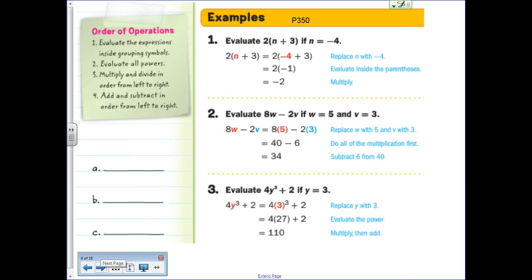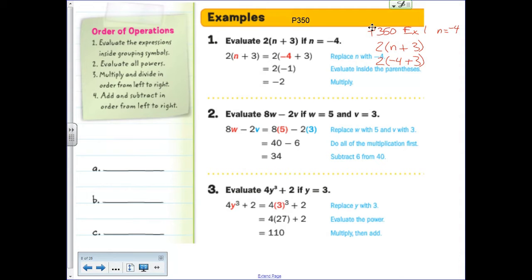Now that brings us to our examples finally. And actually back in chapter 3, we evaluated problems similar to these, using order of operations and plugging in numbers for letters. So this should look very familiar. So page 350, example 1, we are given n equals -4, and the expression 2 times n plus 3, and then we would take 2, and we would plug in -4 for n, plus 3.